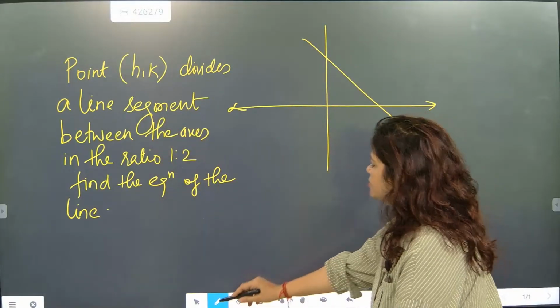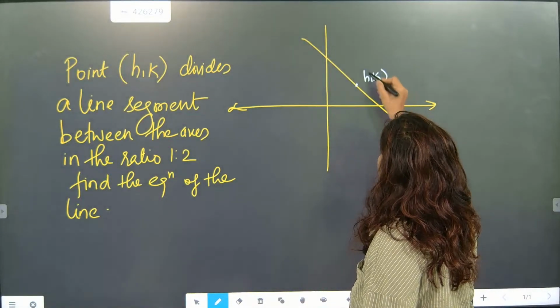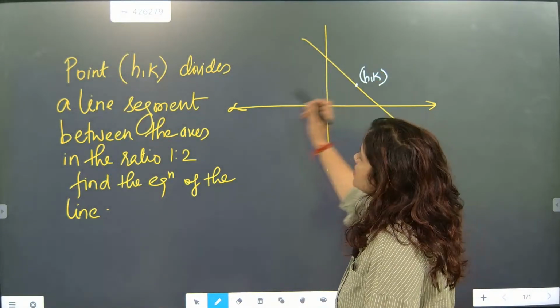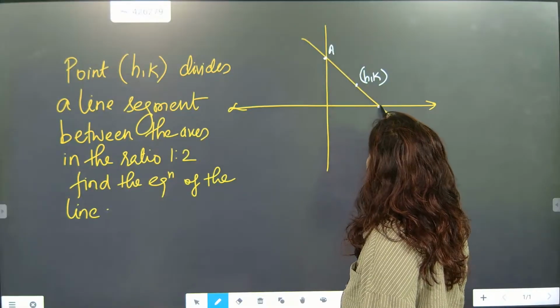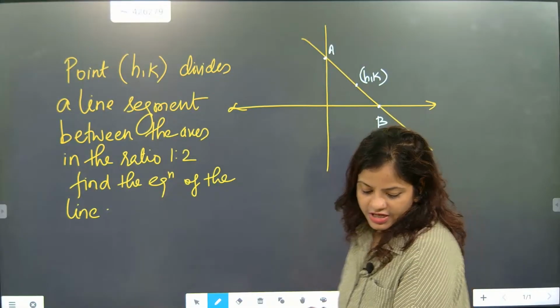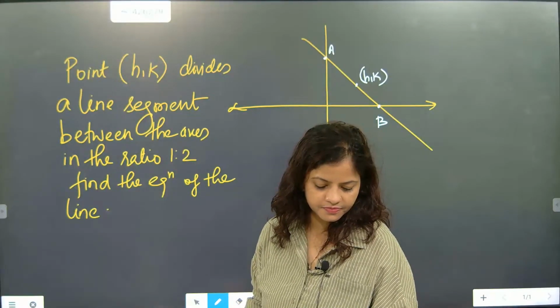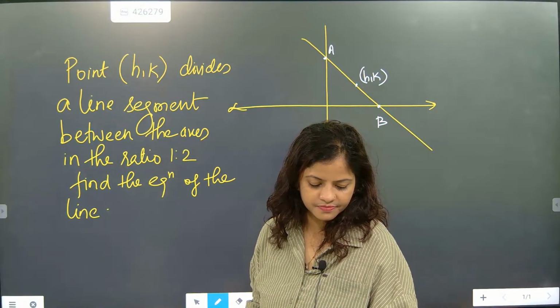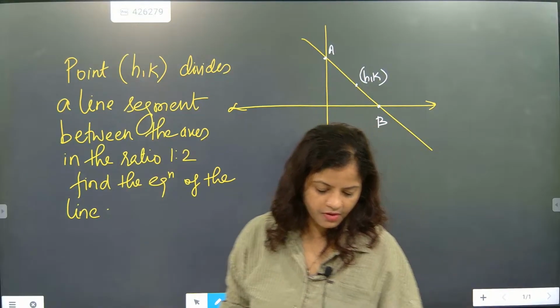So this point h comma k is the point which is dividing a line segment. So let the line segment be A and B. Understood.